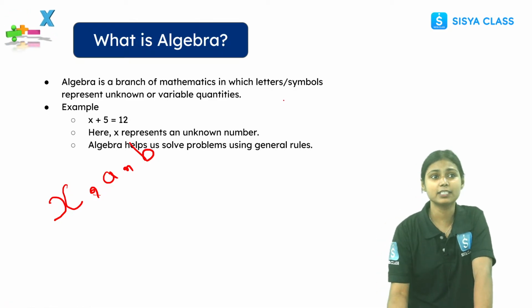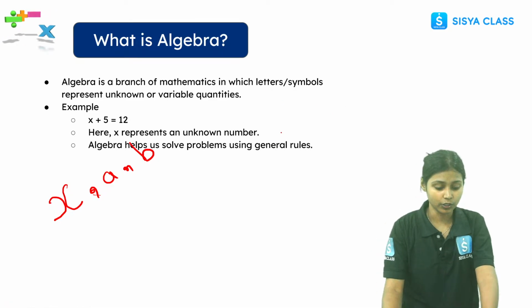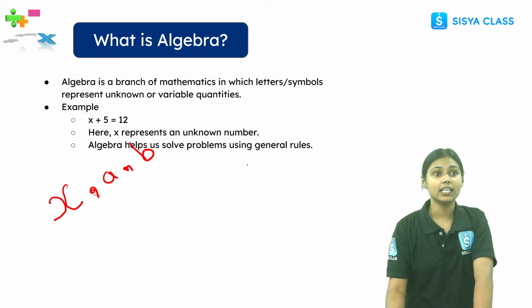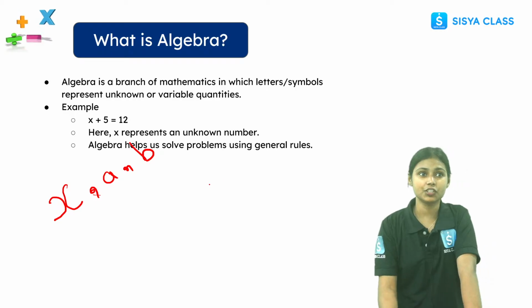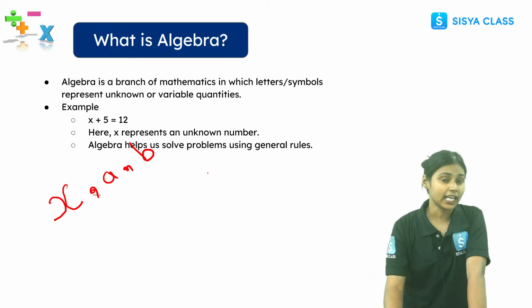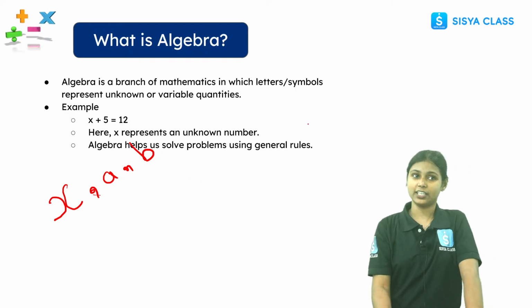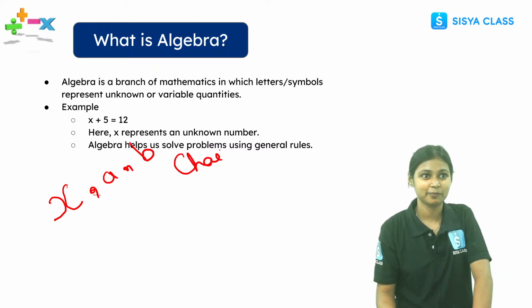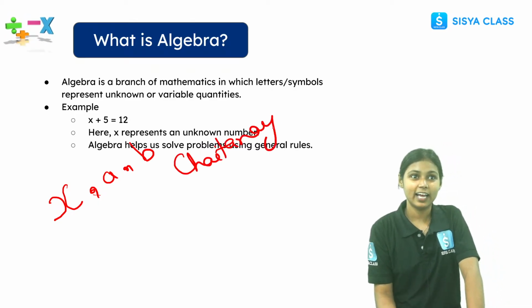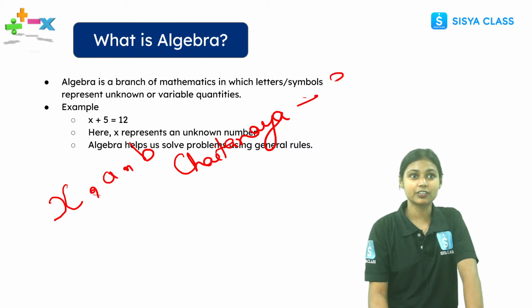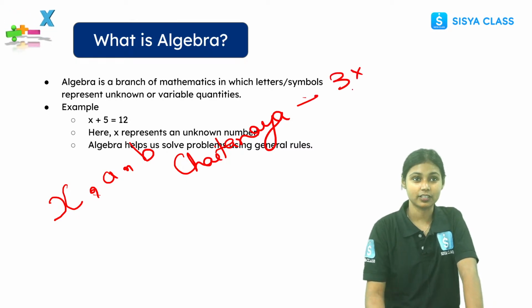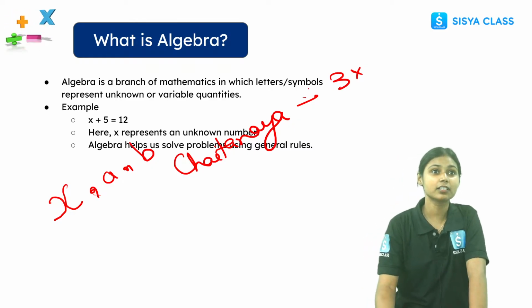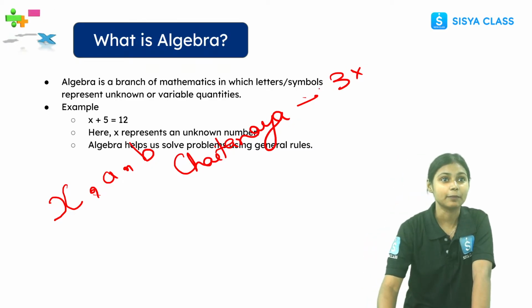Let's talk about this with an example. Let's suppose my name is Manisha, and my age is 3 times the age of Chaitanya.